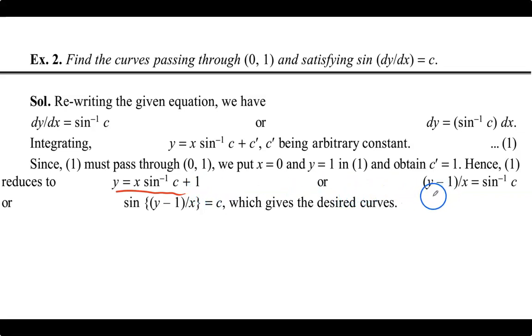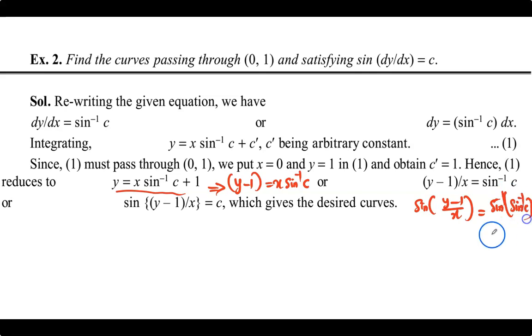may express it as y minus 1 equal to x into sine inverse of c, or we can write y minus 1 by x equal to sine inverse of c, or we can express this as sine of the LHS, that is sine of y minus 1 by x, equal to sine of the RHS, sine of sine inverse of c, and the RHS will be equal to c.